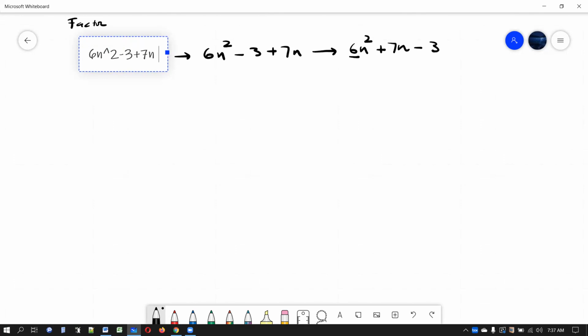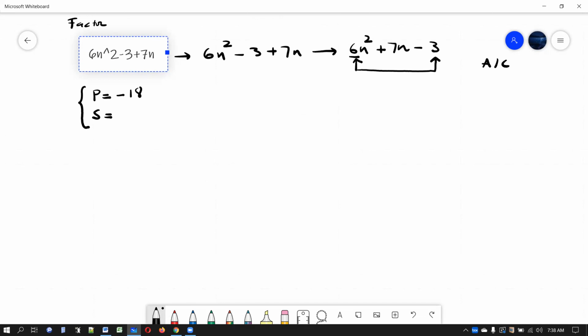And again, I noticed that this is a trinomial because it has 3 terms. The leading coefficient is greater than 1. So I'm going to use the AC method as before. So it's already in order. Now I need to find a product of 2 numbers that is equal to 6 times negative 3, which is negative 18.